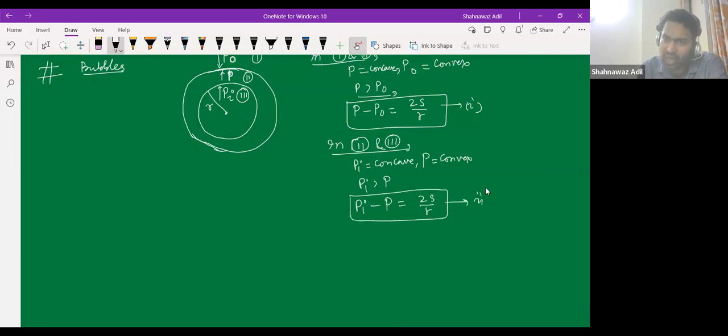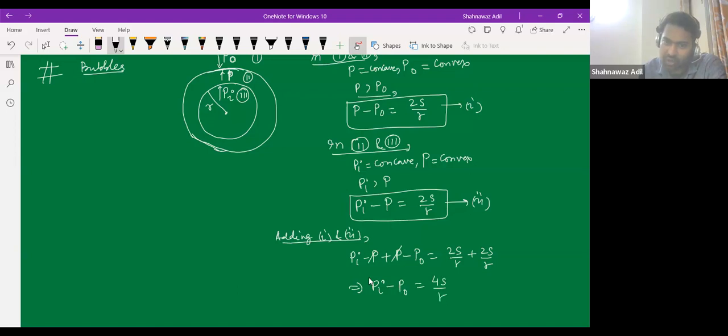If we add 1 and 2, Pi minus P plus P minus Po equals 2S by r plus 2S by r. So minus P plus P will cancel and we get the excess pressure as 4S by r. So the excess pressure in bubbles gets doubled.